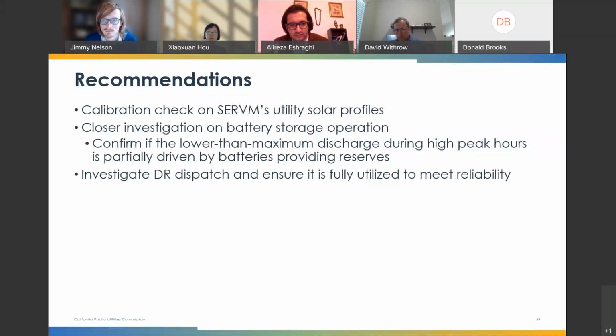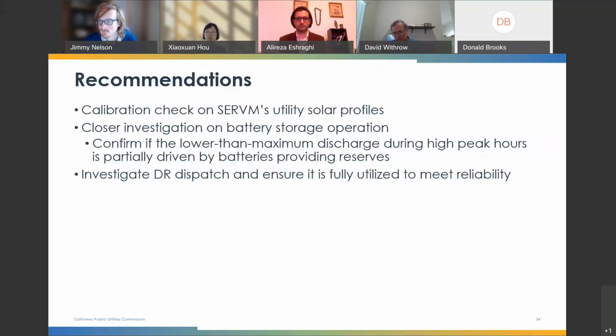The other issue with combined cycles is that a lot of them have contracts that say basically you can't do more than a certain number of startups, or you have to pay a lot more for maintenance if you do go above a certain limit. So it's not the startup cost per se, it's basically an additional operational maintenance cost that comes into play when you're doing a lot of startups and shutdowns.